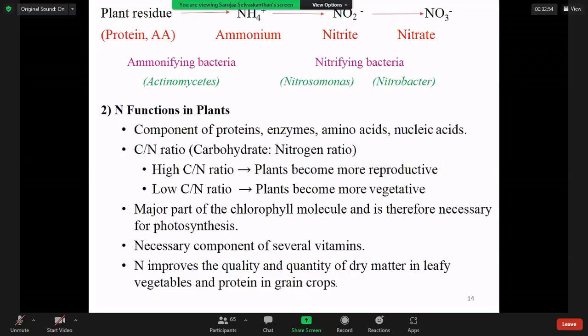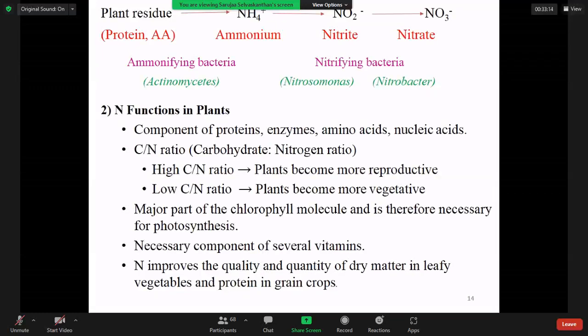Nitrogen is a component of protein, enzymes, amino acids, and nucleic acid. In the case of plants, it is a very major part of the chlorophyll molecule, which is necessary for photosynthesis.